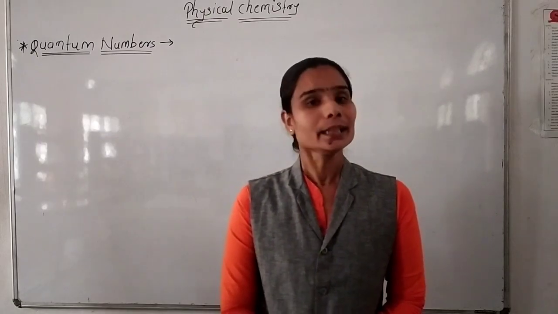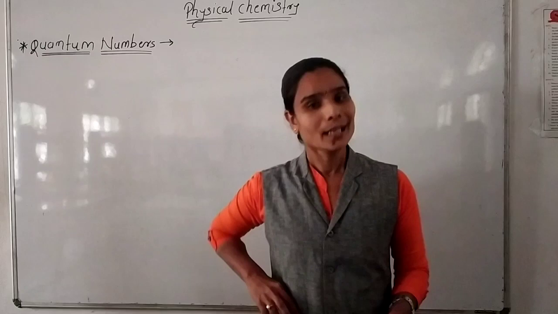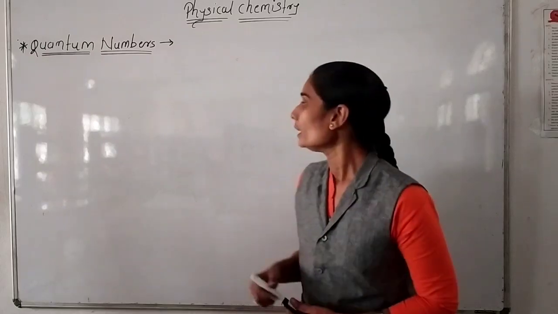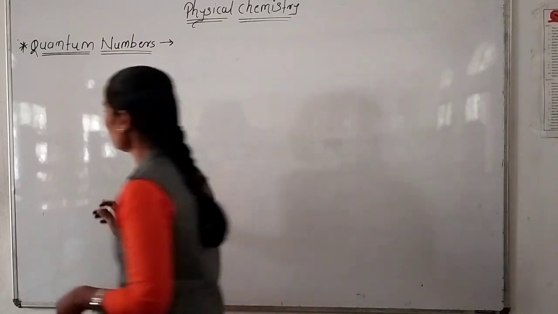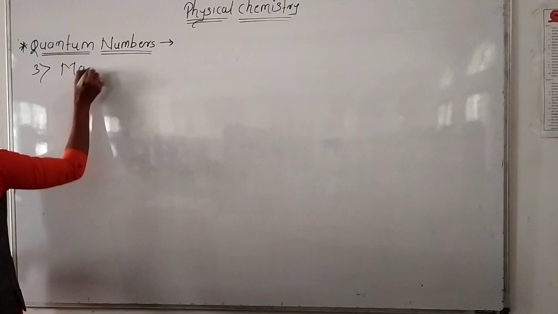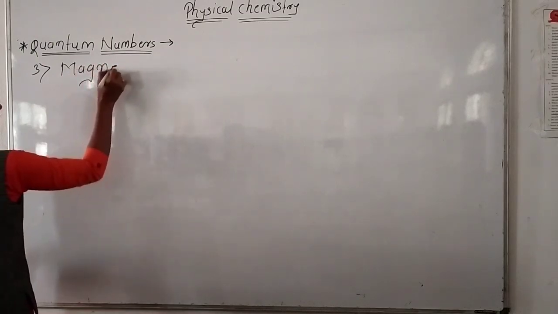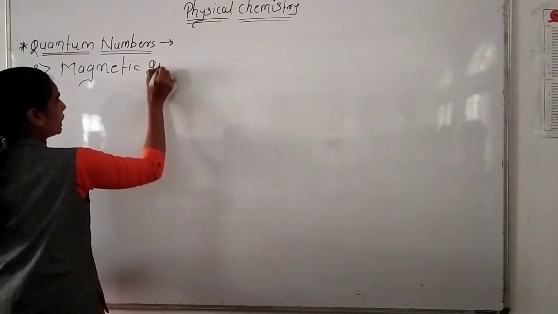So we saw this information in the first two quantum numbers. Okay, today we will see the third quantum number, that is the magnetic quantum number.